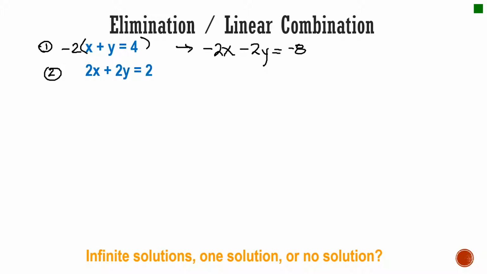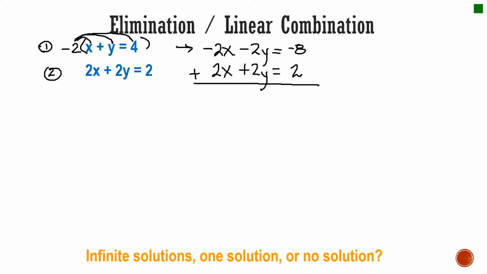Remember to multiply everything in the parentheses by that negative 2. My other equation stays the same because it already has what I need to eliminate a variable.